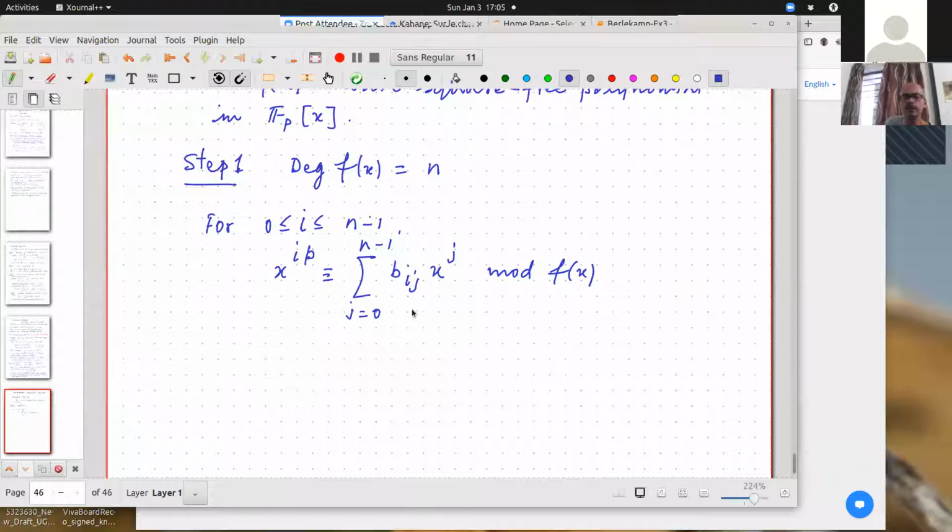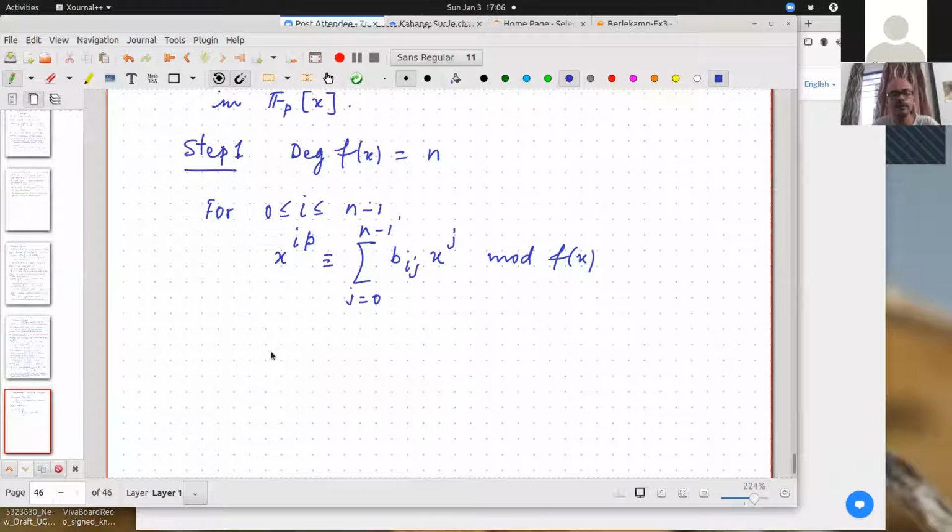So when we reduce modulo f(x), f(x) being a polynomial of degree n, this representative is going to be of degree at most n minus 1. It need not be n minus 1. Of course, the coefficients can be 0. Many other coefficients will be 0 in fact.